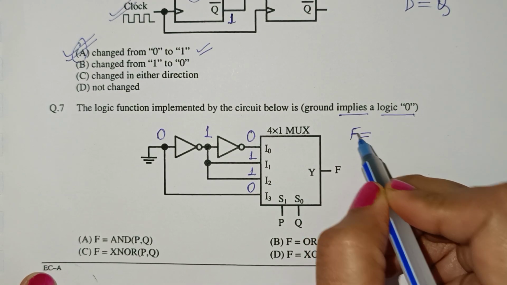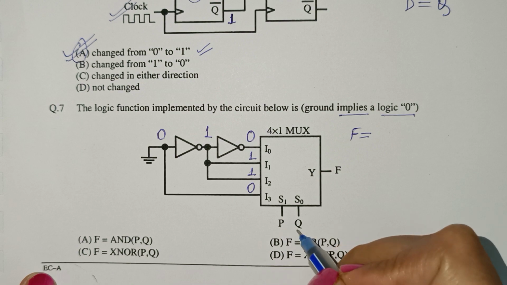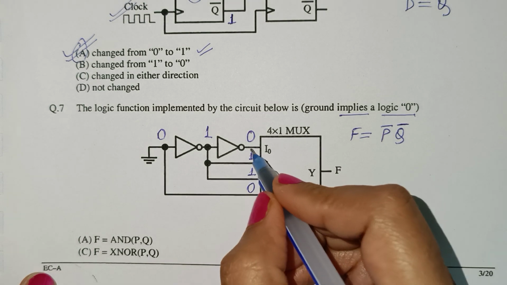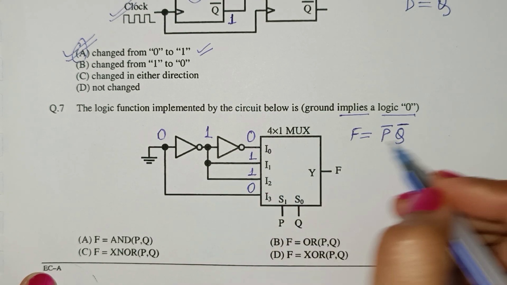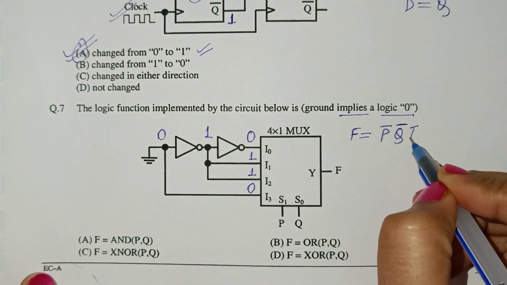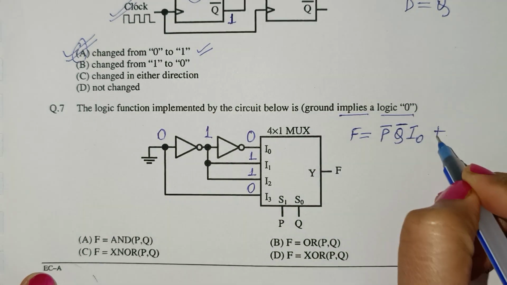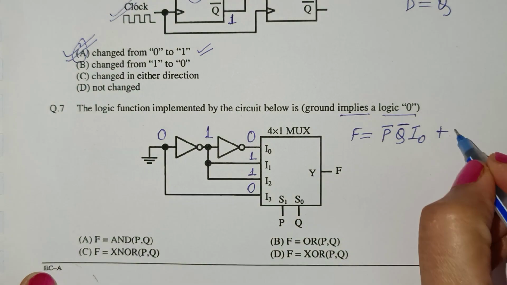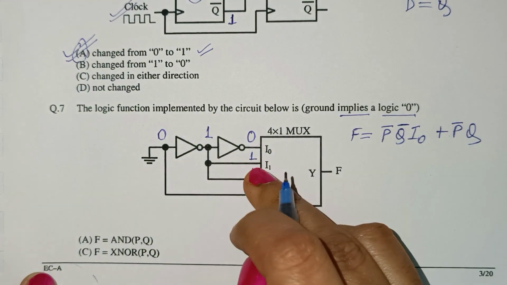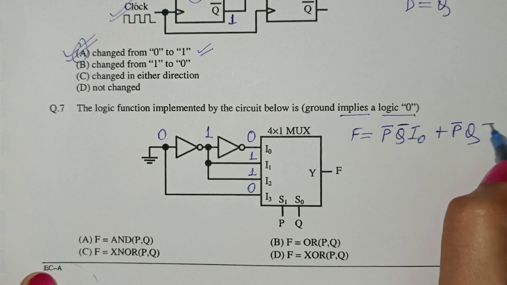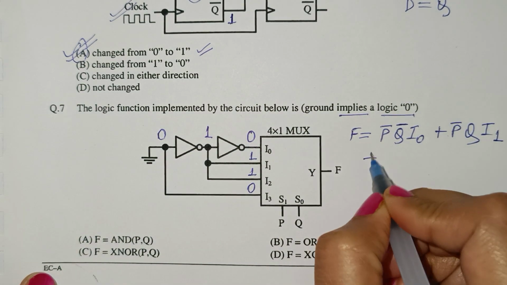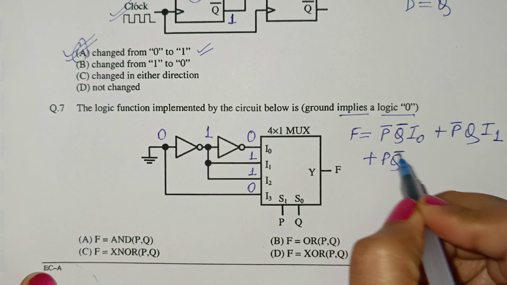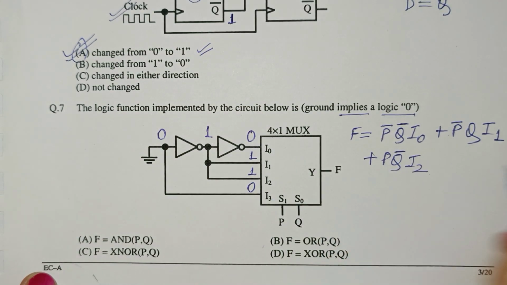When PQ is 0 0, that is P bar Q bar, input I0 will be selected, so it will be multiplied by I0, plus when PQ is 0 1, that is P bar Q, input I1 will be selected, plus when PQ is 1 0, it will be P Q bar and input I2 is selected.